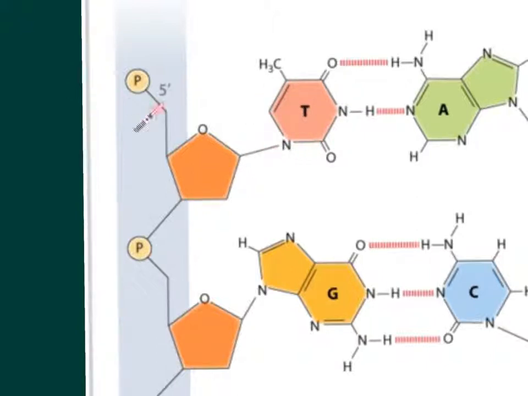You'll notice, though, this picture comes labeled with this weird 5'. That's what we call the apostrophe, is prime. So we have to figure out what that means. At every one of these corners, there's a carbon.